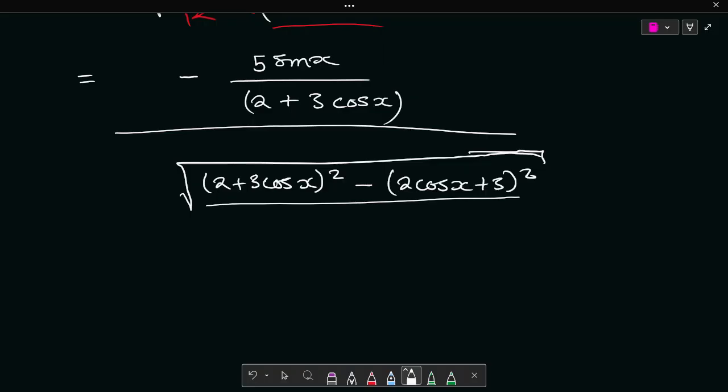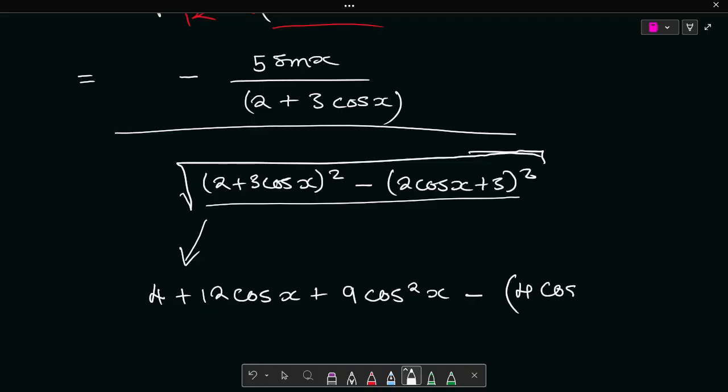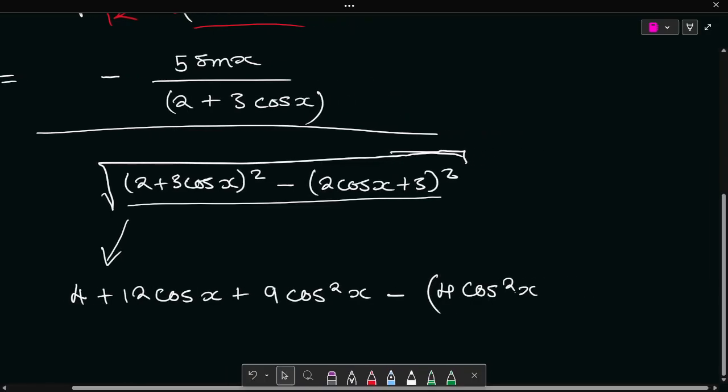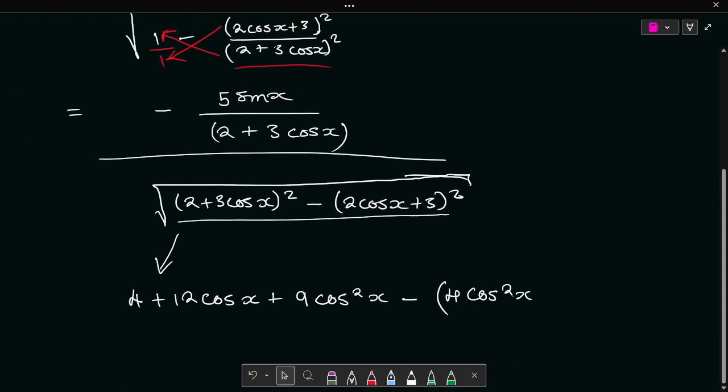If we expand what is inside the square root, we are going to get 4 plus 12 cos x plus 9 cos squared x, minus 4 cos squared x plus 12 cos x plus 9.